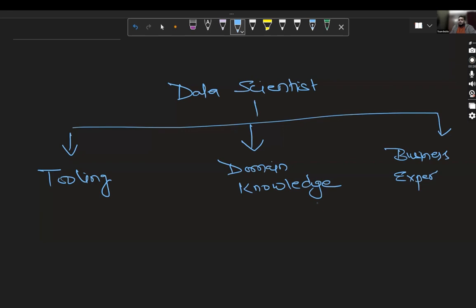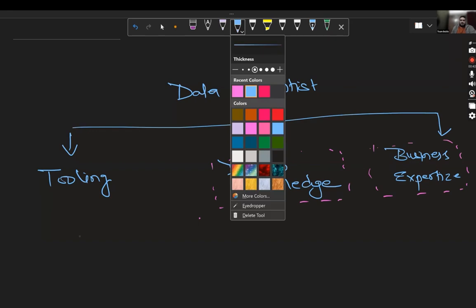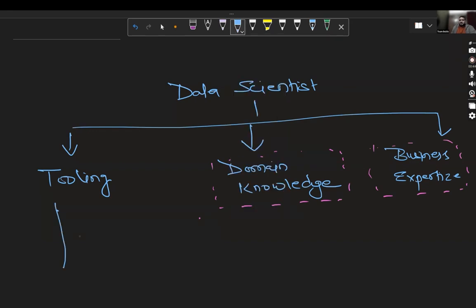Okay. So what I understood, you guys already have some understanding of various kinds of tooling. So in the upcoming sessions, I'll be focusing on giving you the domain knowledge and then building on business expertise. So let's understand what these mean. When I talk about tooling, I am talking about something like SQL scripting, Python, and when I say Python, mostly pandas.